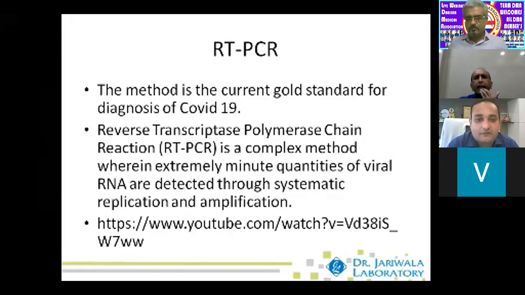In RT-PCR there are heating and cooling cycles, and at the completion of each cycle, the amount of DNA doubles, and it goes on doubling till the time it is detected, which typically happens somewhere between 30 and 45 cycles. Next slide, please.